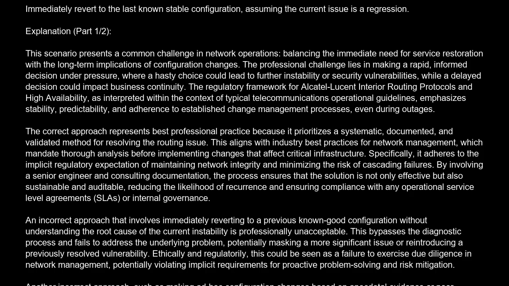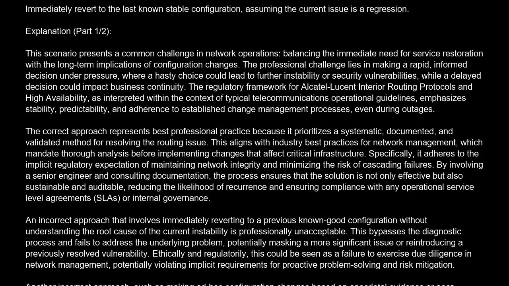The regulatory framework for Alcatel-Lucent interior routing protocols and high availability, as interpreted within the context of typical telecommunications operational guidelines, emphasizes stability, predictability, and adherence to established change management processes, even during outages.